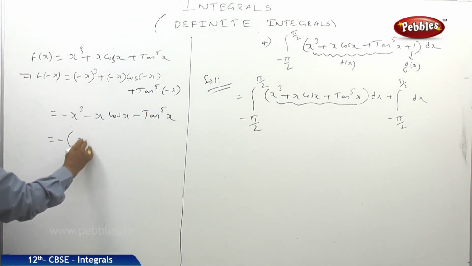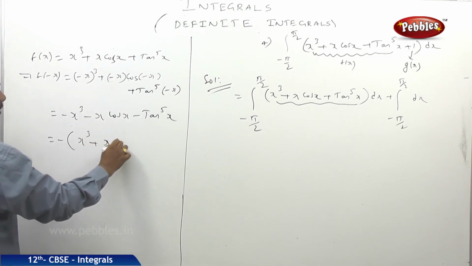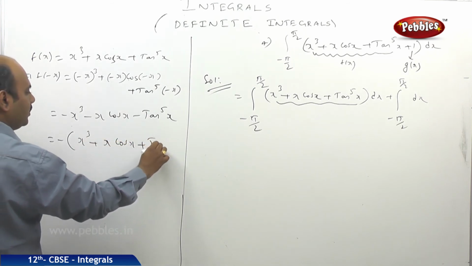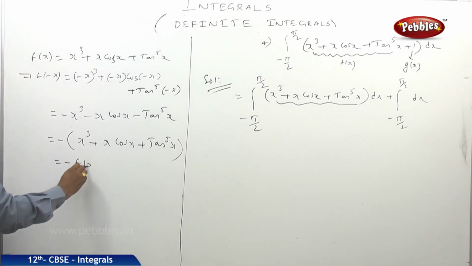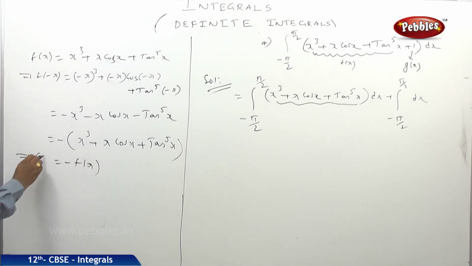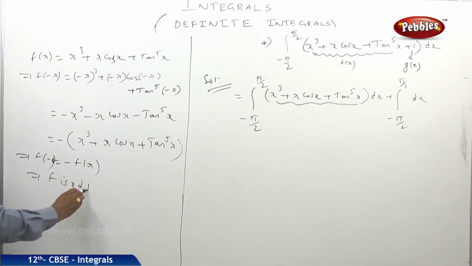So taking minus common, it means x cube plus x cos x plus tan power 5x. So this becomes minus f of x. So f of minus x is equal to minus f of x. So f is odd.